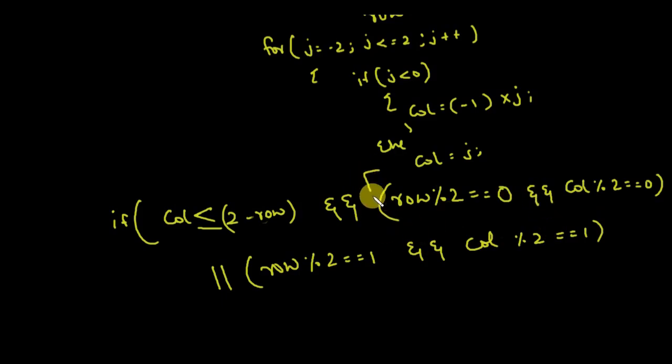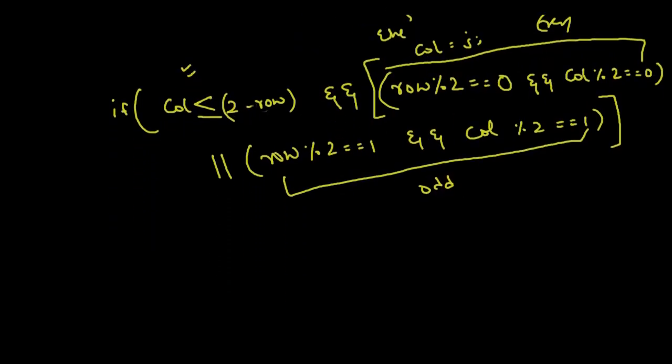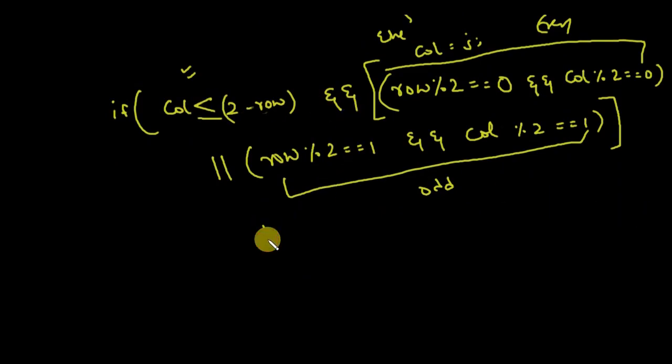From here to here these are or operations, either both are even or both are odd, but the first is a mandatory condition. If this condition is satisfied, then I have to print star, or else I have to print a space.